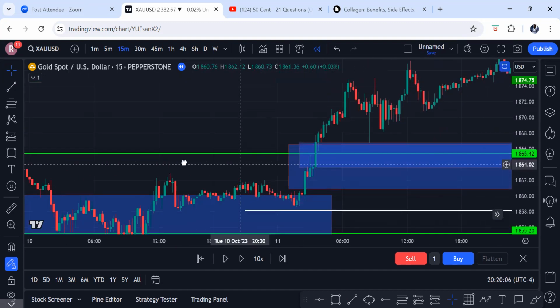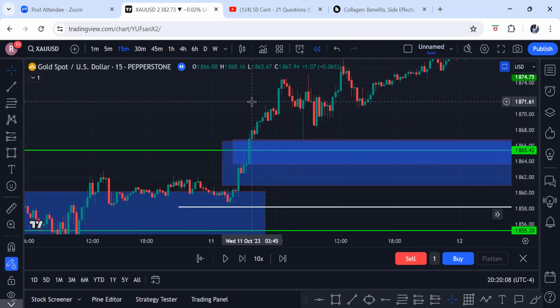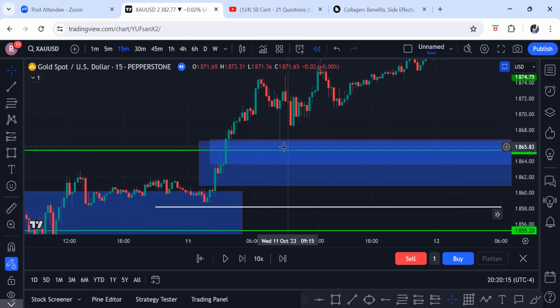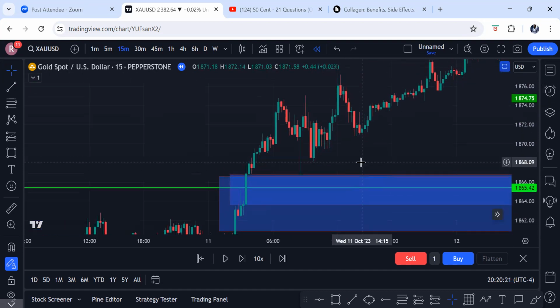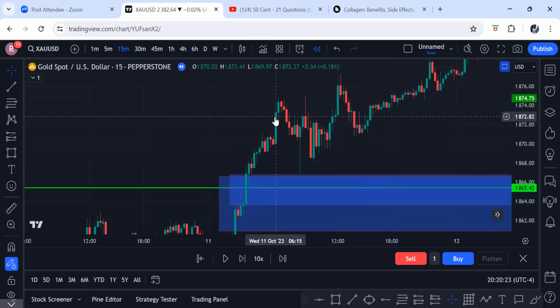Here was a very broad structure, boom. I wouldn't have got an entry on this. Actually, I would have. So from a smaller time frame perspective, because price just kept breaking structure going up, on smaller time frames we had more breaks.